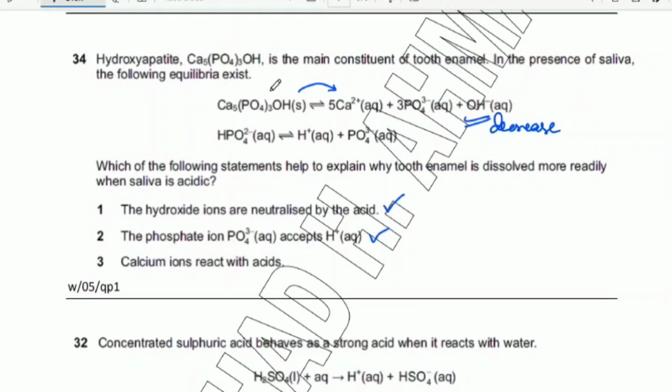How does it help in dissolving? Any idea?